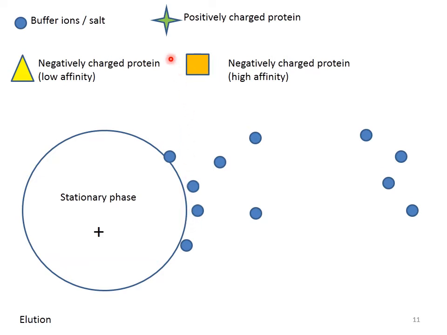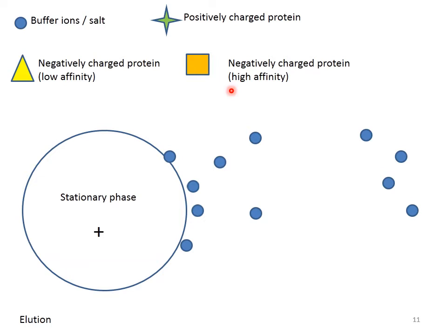So here in this illustration you can see that during the washing step the positively charged protein was removed from the column. At low salt concentration the protein with low affinity was eluted, and then at high salt concentration the protein with high affinity was eluted.